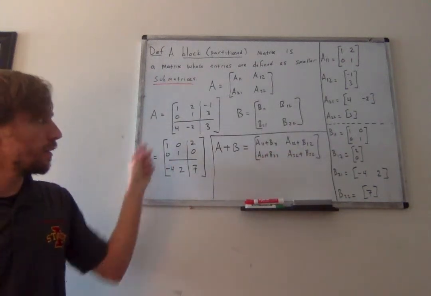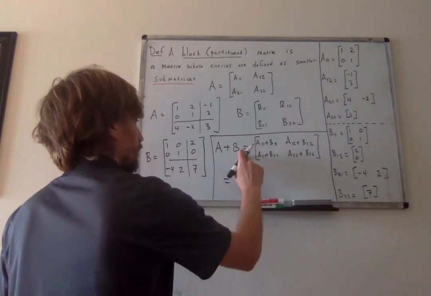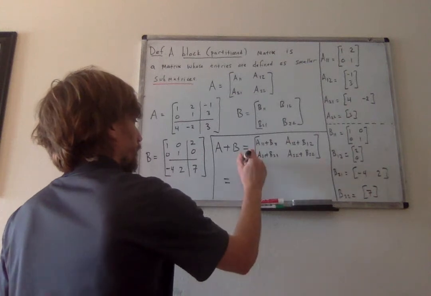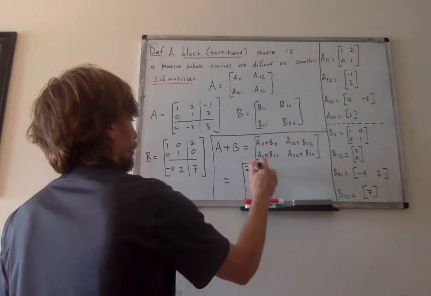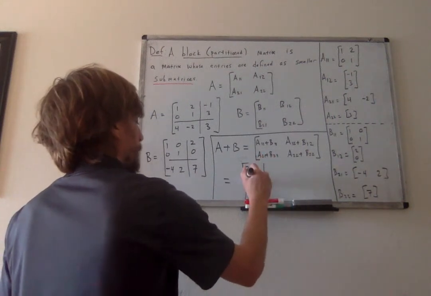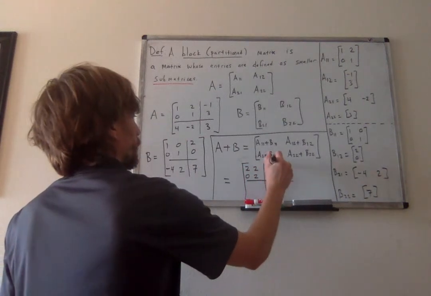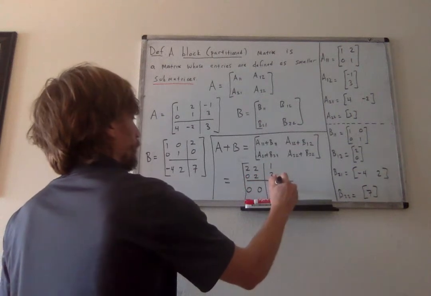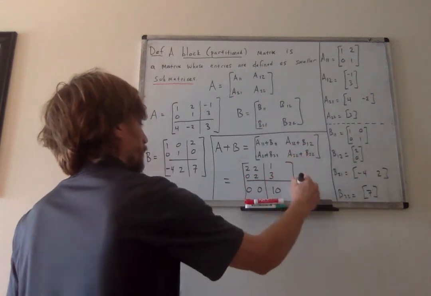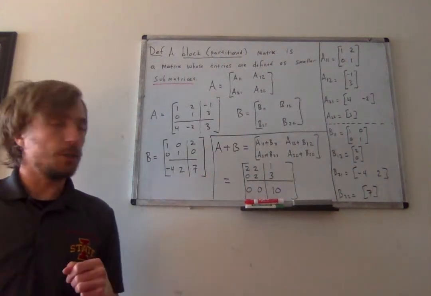And so we can calculate the exact dimensions of this, or the exact entries of this matrix. And thus, we have A plus B.